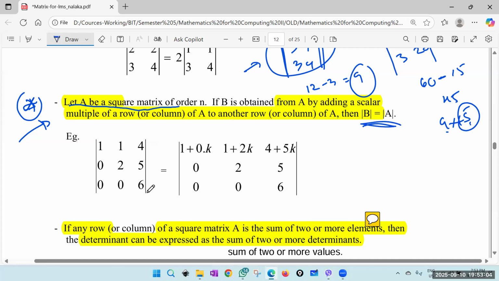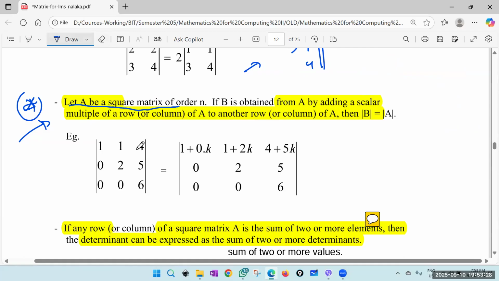And that will replace your original row or original column. So then its determinant is the same as the original one's determinant. Okay. Is it clear? So let's take an example.